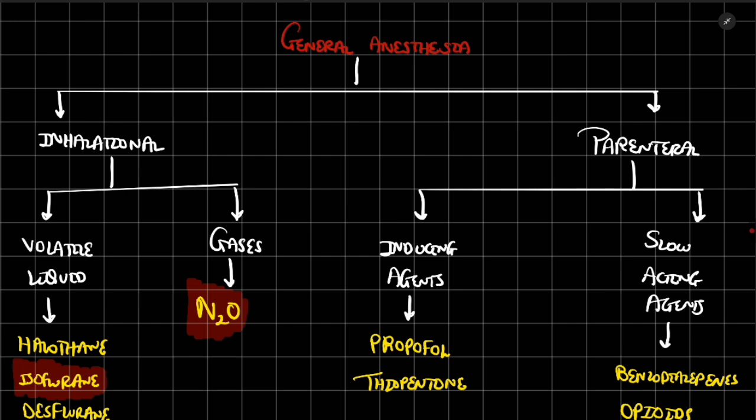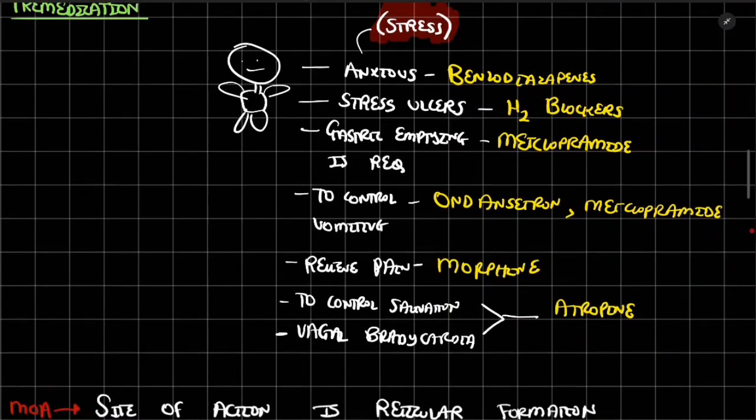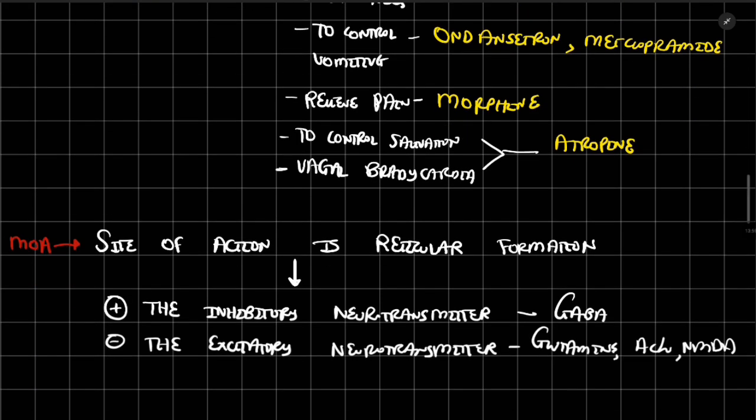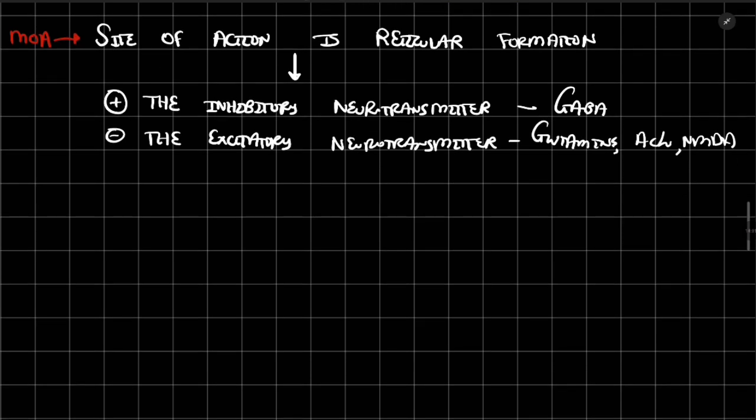Inhalational is further divided into volatile liquid or gas. Parenteral is further divided into inducing and slow acting agents. Then we saw that story for pre-medications, which are indicated before the use of general anesthesia. Then we saw the mechanism of action of general anesthesia.